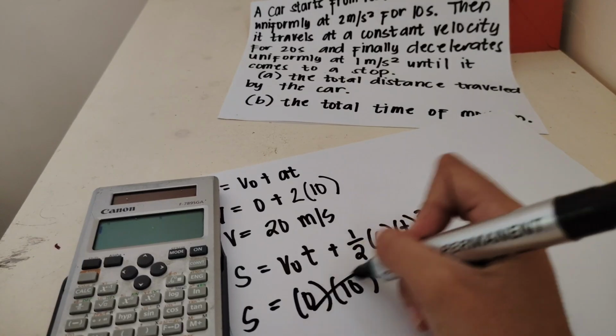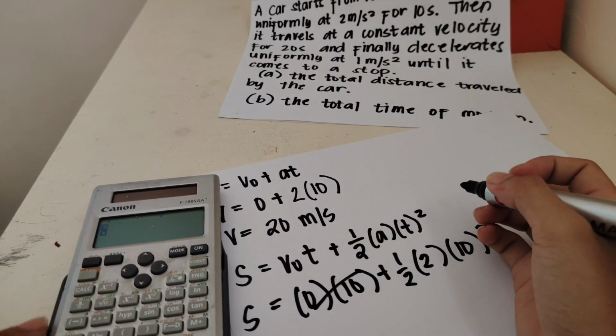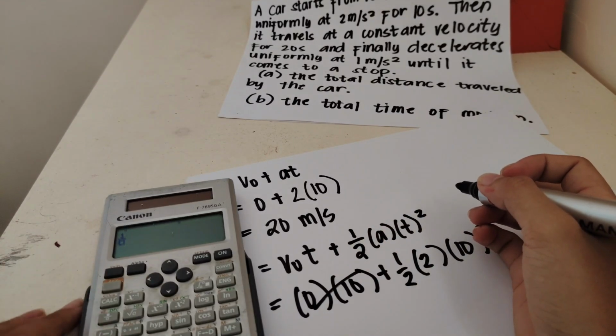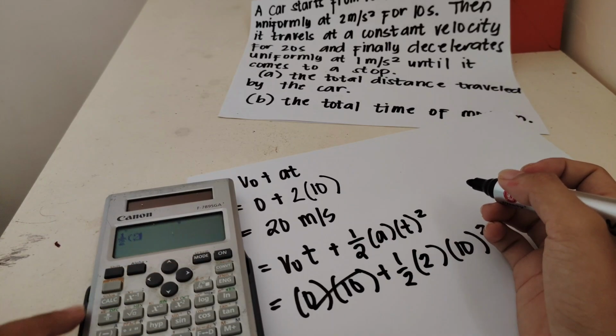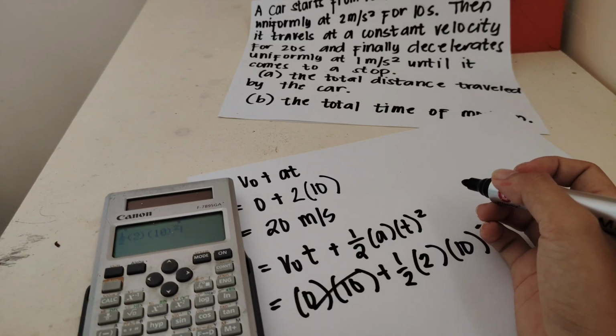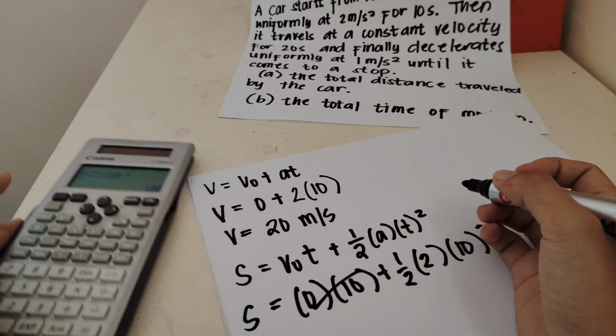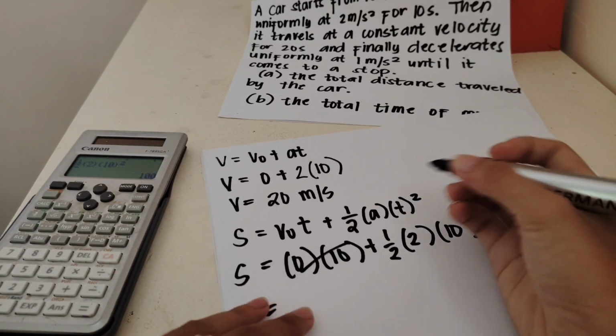So we will calculate it. 0 times 10 is 0. So 1/2 times 2 times 10 to the power 2, we have an answer of 100 meter.